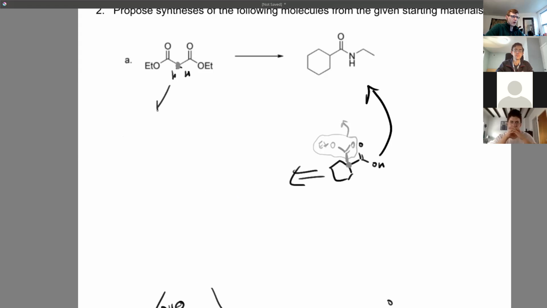So, first step, deprotonate, easy. Minus the rest of the molecule. Great. So we have this minus charge. This is a pretty good nucleophile right now, so let's give it something like this.